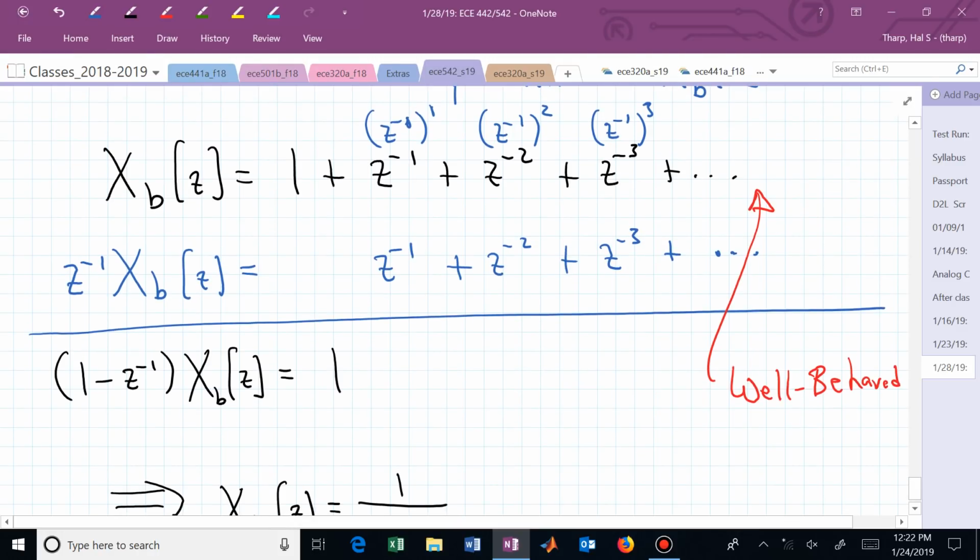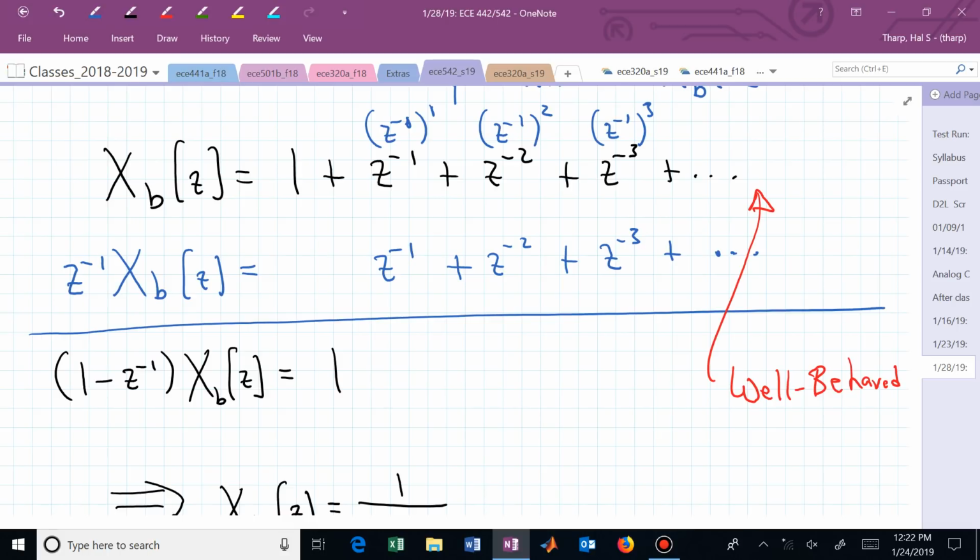And it's going to be well behaved. We're taking a z to the minus 1 and raising it to higher and higher powers. Well, the only way that something raised to a higher and higher power is going to have a chance of being bounded is if that something, that common ratio, that z to the minus 1, has a magnitude less than 1, drum roll please.